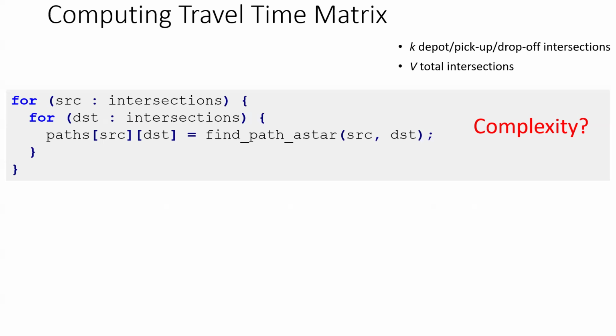Does anyone still remember Dijkstra? You will probably be asked about the complexity of A star in your OP2. So the complexity of A star is V log V. Then what is the total complexity of this? K times V times log V. You sure it's V squared or K squared?